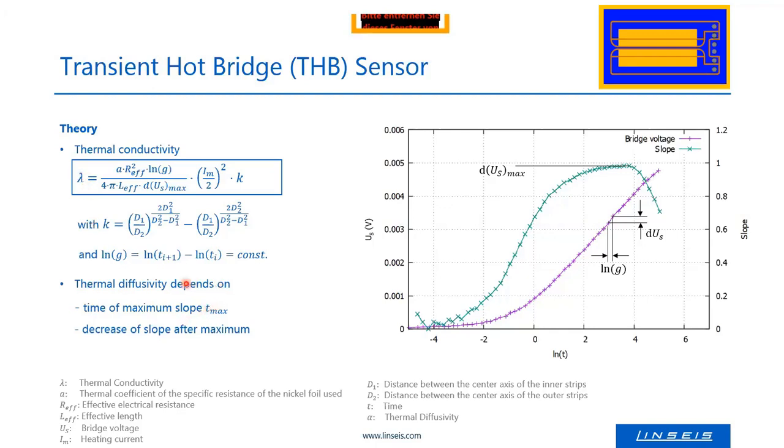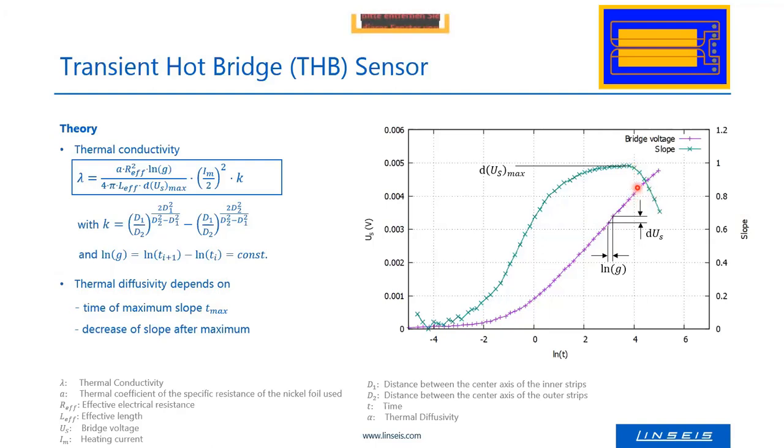We can also calculate the thermal diffusivity, and this diffusivity is calculated at the end of the measurement, when the maximum here is reached, and then you can see that the first derivative goes down here.